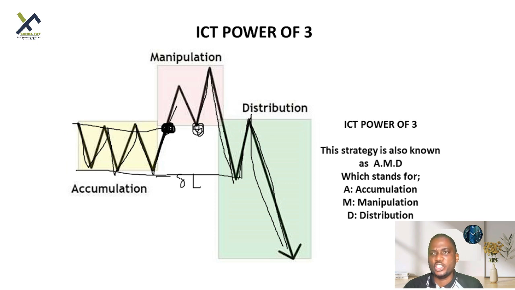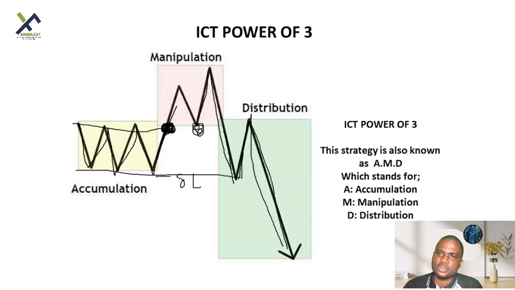You can use the break of structure as a signal for when the next ICT Power of 3 will occur, and you use the trading sessions to also spot when each of these stages will play out.